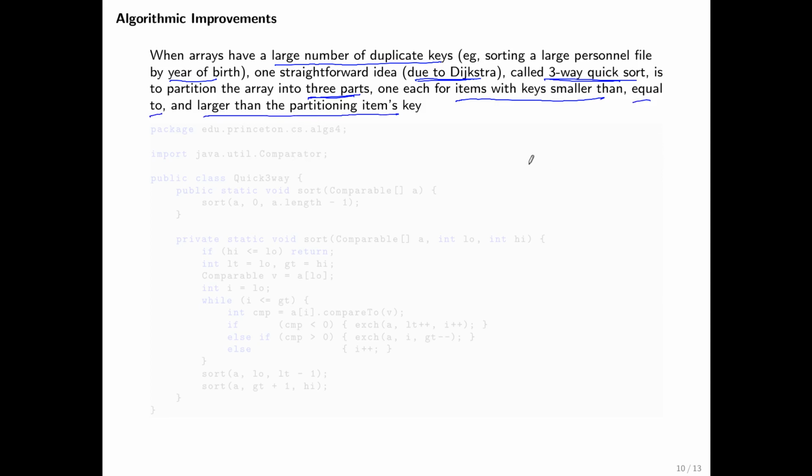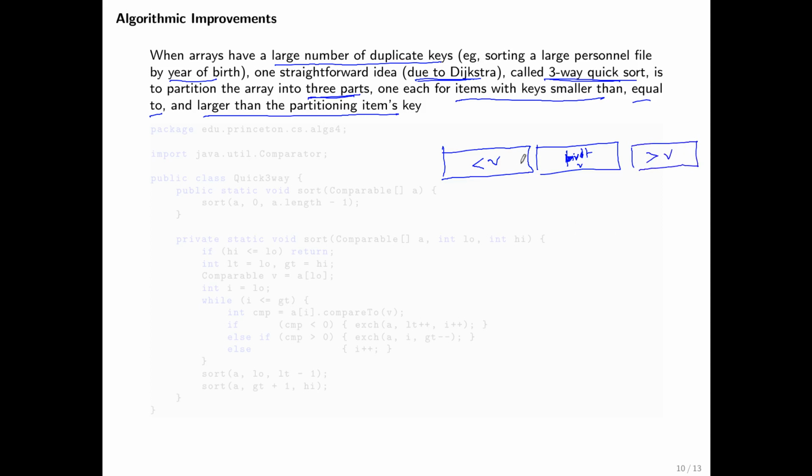Okay, so you have 3 partitions. You have a partition that contains the pivot element. Let's call it V. That's the pivot element. And then the partition to its left consists of elements that are smaller than the pivot, and the partition to the right consists of elements that are larger than the pivot.